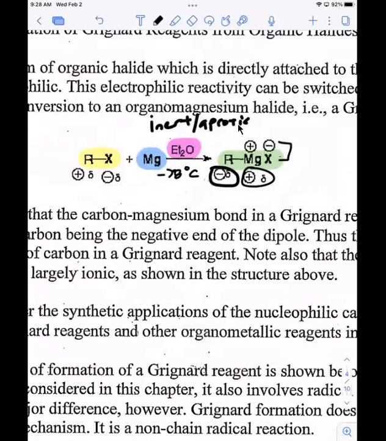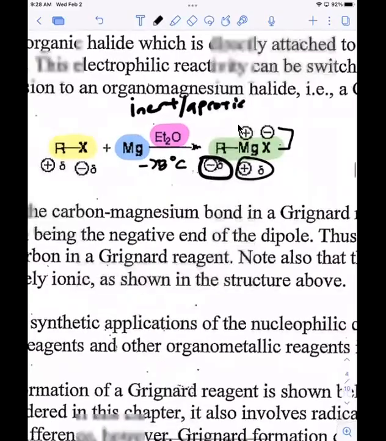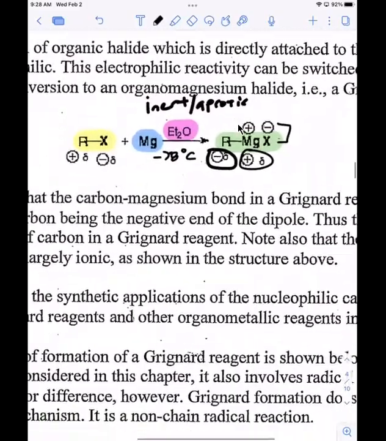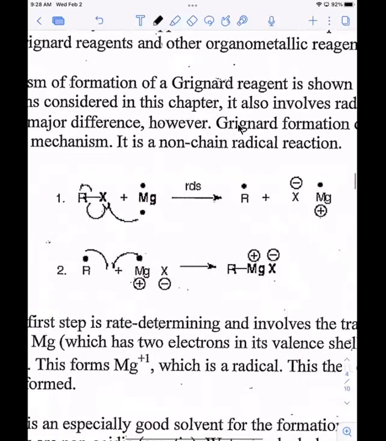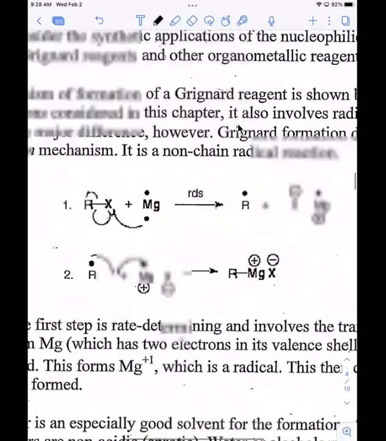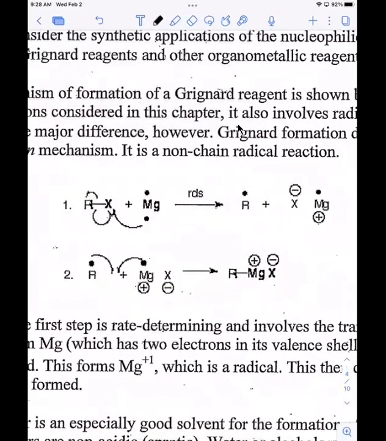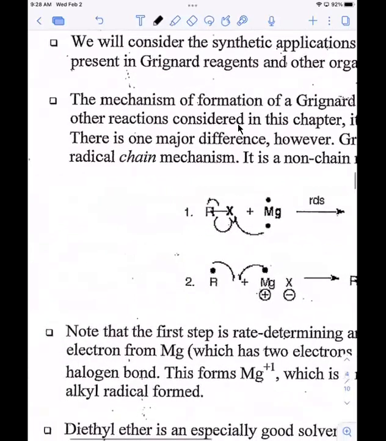All right. So again, this is your Grignard reagent. Now let's look at how this works. We take the Grignard. This is the mechanism. Even though it's radical, it doesn't go through a radical chain reaction.